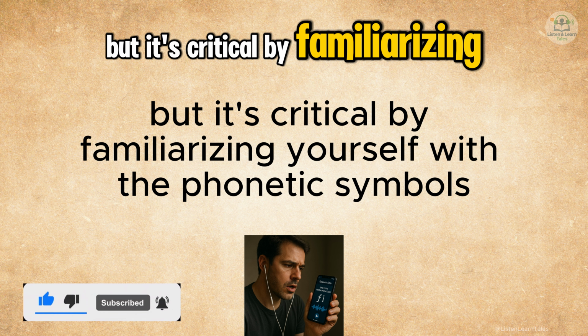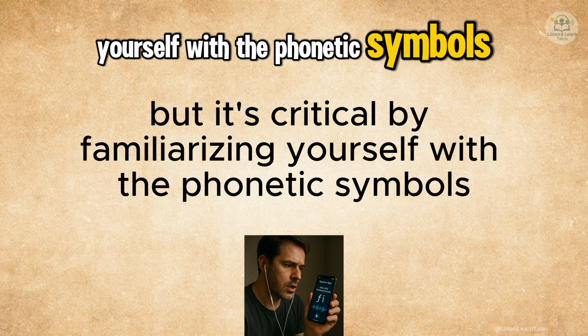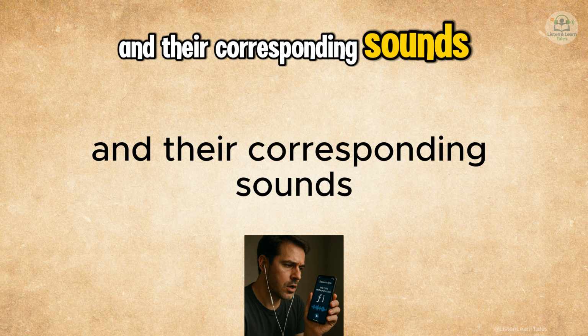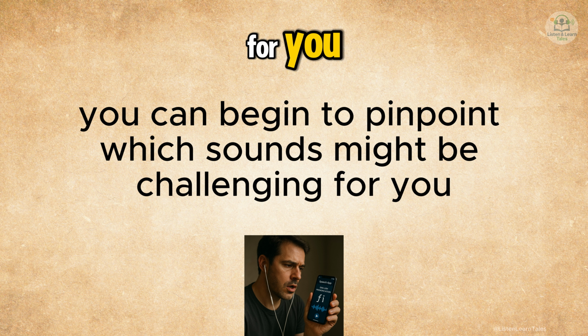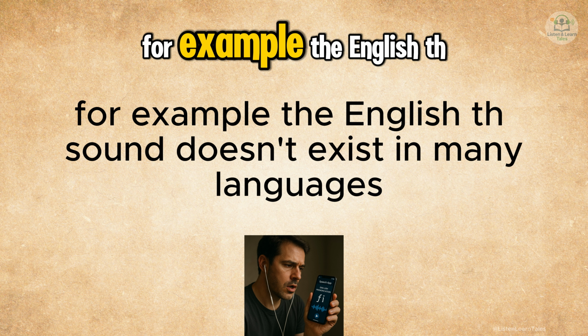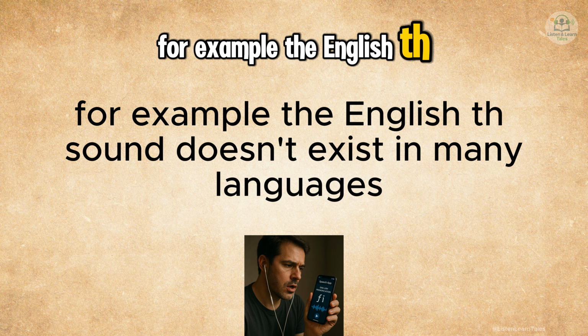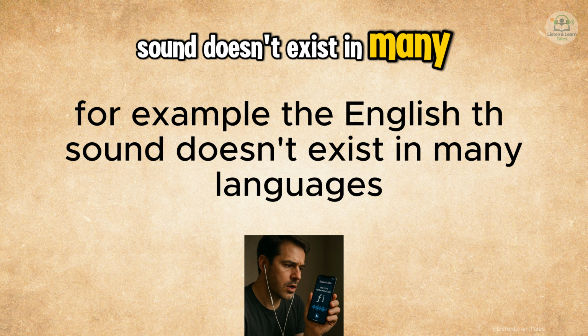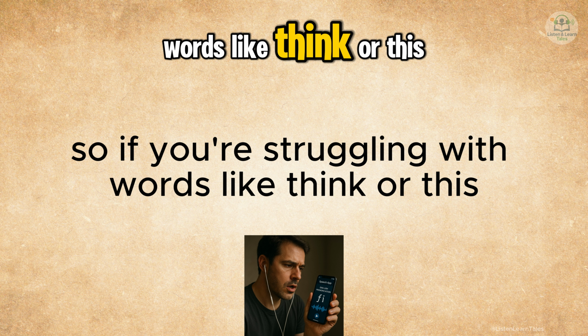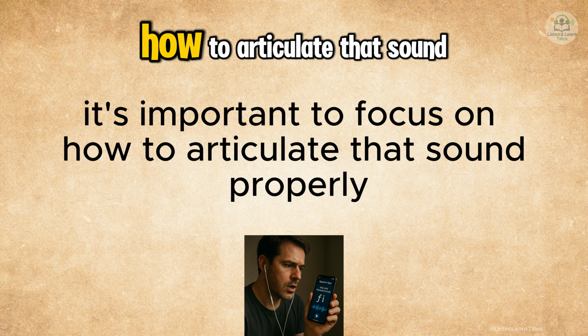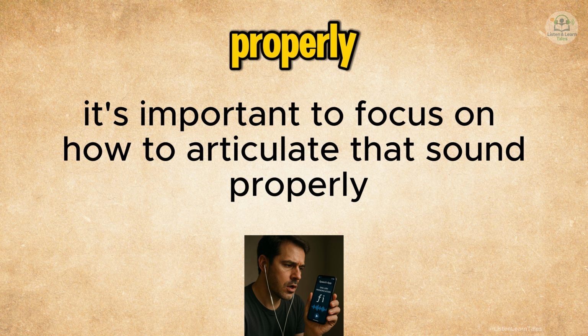By familiarizing yourself with the phonetic symbols and their corresponding sounds, you can begin to pinpoint which sounds might be challenging for you. For example, the English th sound doesn't exist in many languages. So if you're struggling with words like think or this, it's important to focus on how to articulate that sound properly.